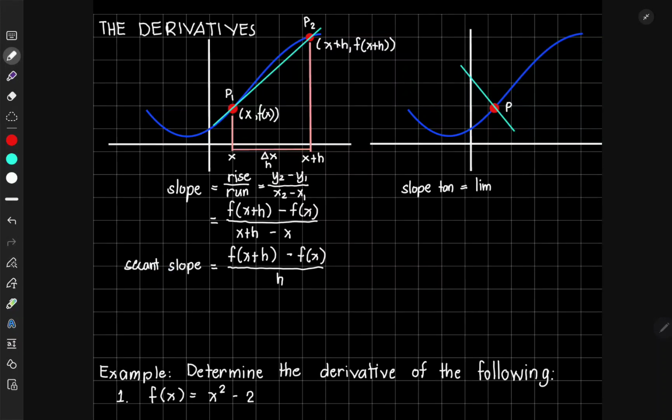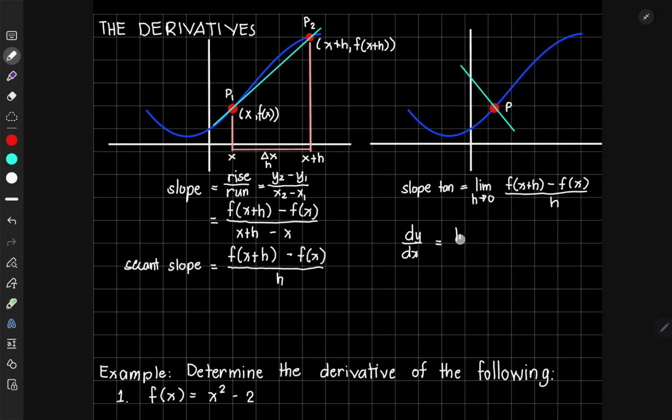So, itong f of x plus h, minus f of x, this is all over h as h approaches 0. So, itong definition na to, this is also the definition of the derivative, which is dy over dx. And that is the slope of the tangent.